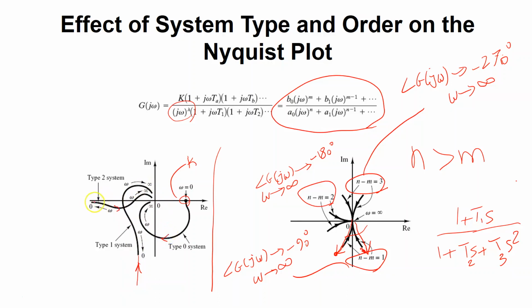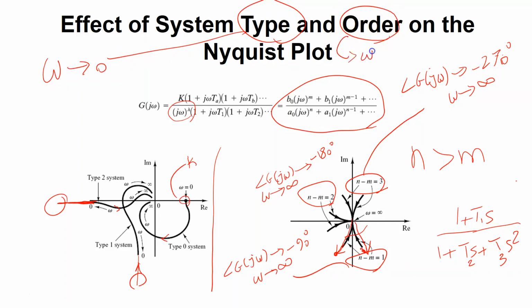So for a system type 1, 2, or anything bigger, when omega is 0, the magnitude is going to what? To infinity, while for a system type 0, it is a finite value. Okay, so type has effect when omega goes to 0, while order has effect when omega goes to infinity.